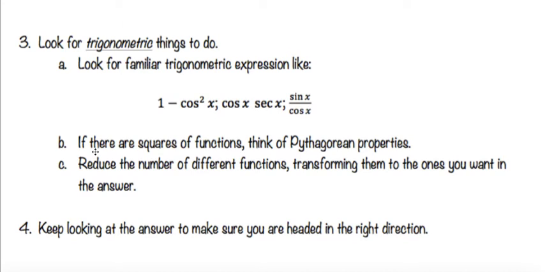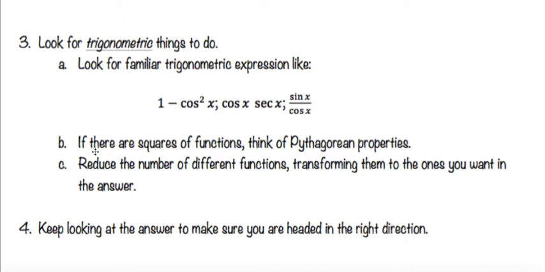If you've got something like sine over cosine, then we know that sine divided by cosine is tangent, so you write down tangent x. If there are squares of functions, you want to think about your Pythagorean identities, that sine squared plus cosine squared equals 1. So if you start to see those squares, you might want to do something with replacing those.